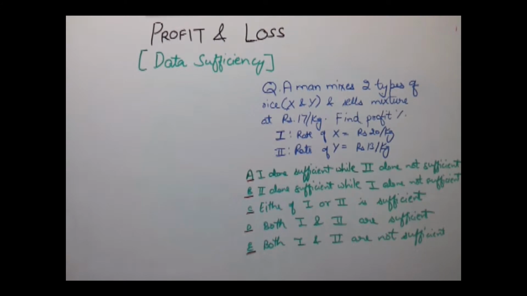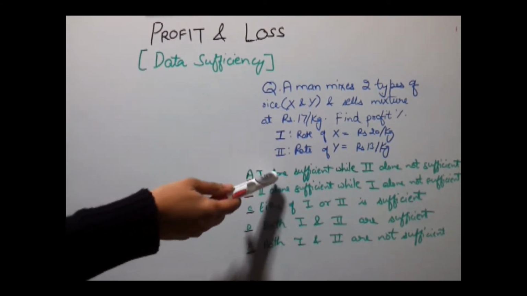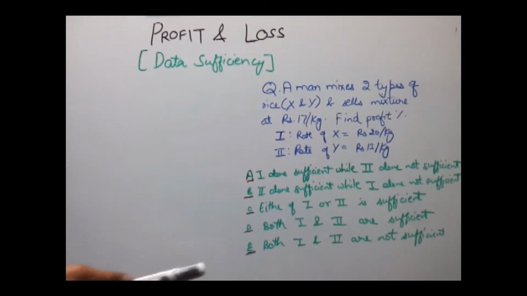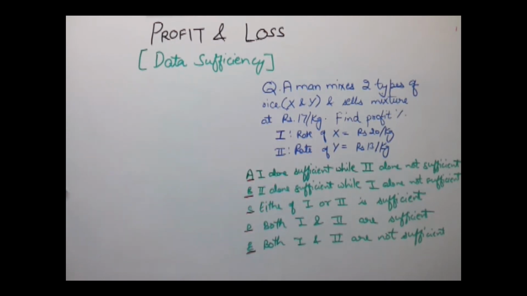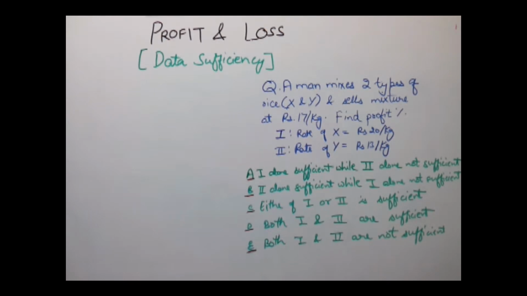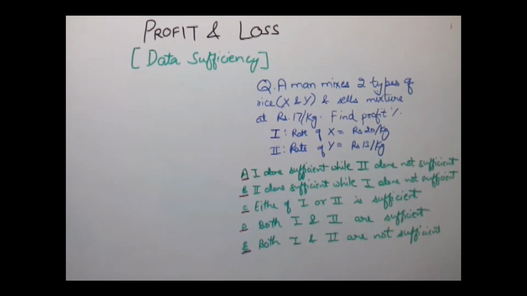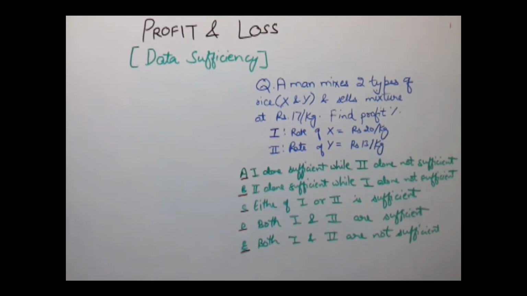The options given are: A. Statement 1 alone is sufficient while second alone is not sufficient. B. Second alone is sufficient while first alone is not sufficient. C. Either of 1 or 2 is sufficient. D. Both 1 and 2 are sufficient. E. Both 1 and 2 are not sufficient.